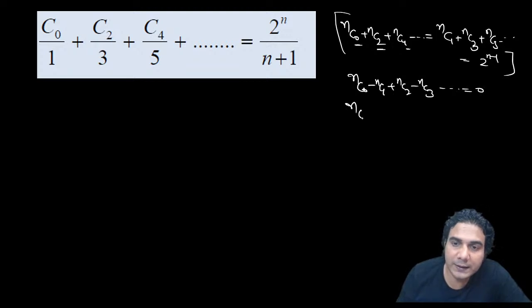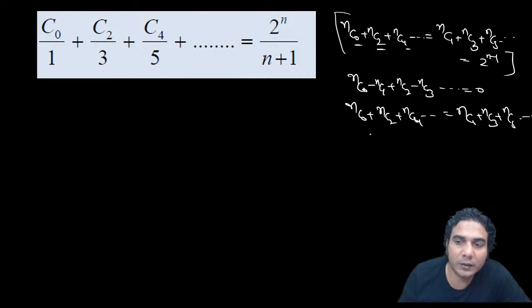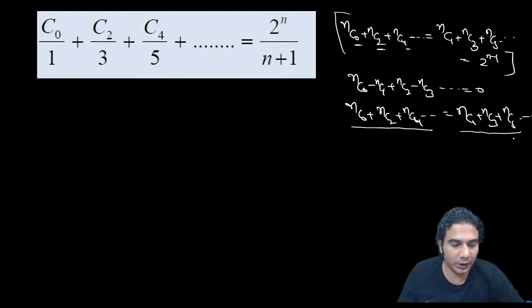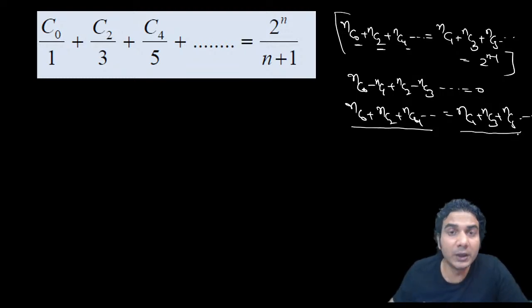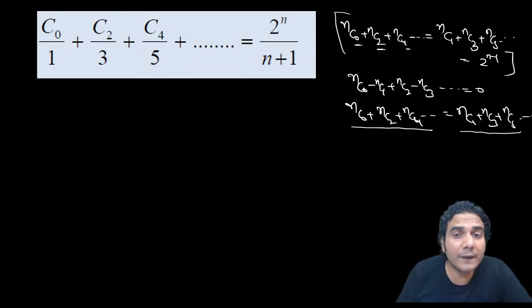So using this you can say nC0 + nC2 + nC4 and so on, these even binomial coefficients, are equal to nC1 + nC3 + nC5 and so on, the sum of odd binomial coefficients. And because the sum of both is 2 raised to n, the individual sum will be half of that. So that is equal to 2 raised to n minus 1, all right?